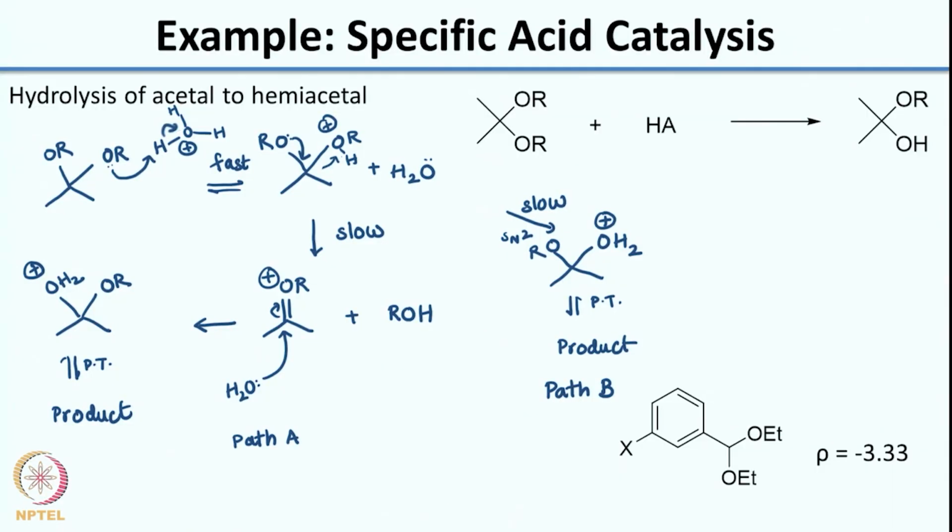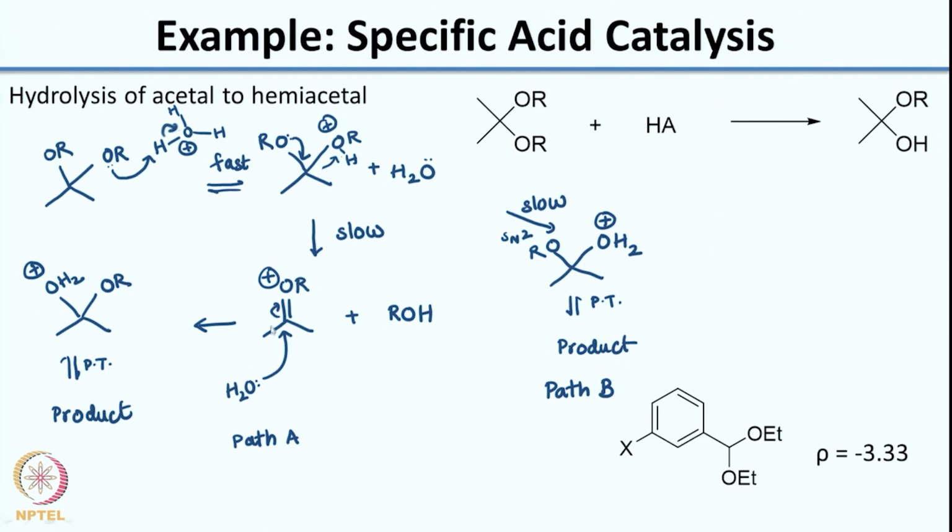So whatever you have studied before for the Hammett plots, can you tell me which path is operative, path A or path B? Again press the pause button, you can look at your notes from earlier and figure out the answer. So the high negative value suggests that you have a positive charge close to the aromatic ring.